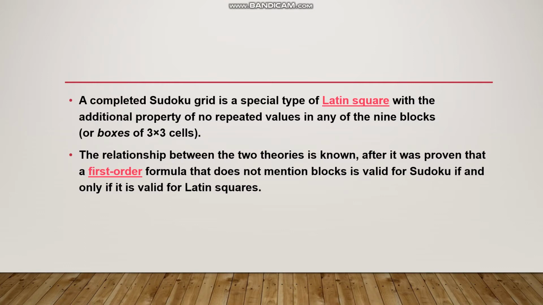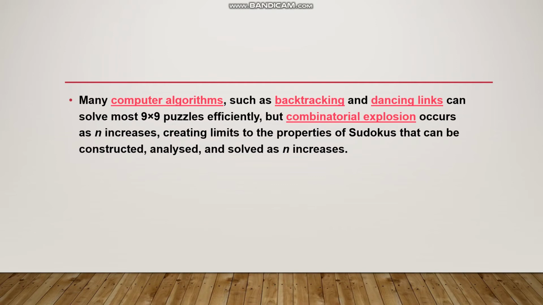The formula we apply for these 3 by 3 subgrids is not mentioned in the blocks for Sudoku if and only if Latin squares are valid. One major note: Le France in 1895 refined the puzzle so that it was almost a modern Sudoku. It simplified the 9 by 9 magic square puzzle so each row, column, and broken diagonal contained only the numbers 1 to 9, but did not mark the subsquares.